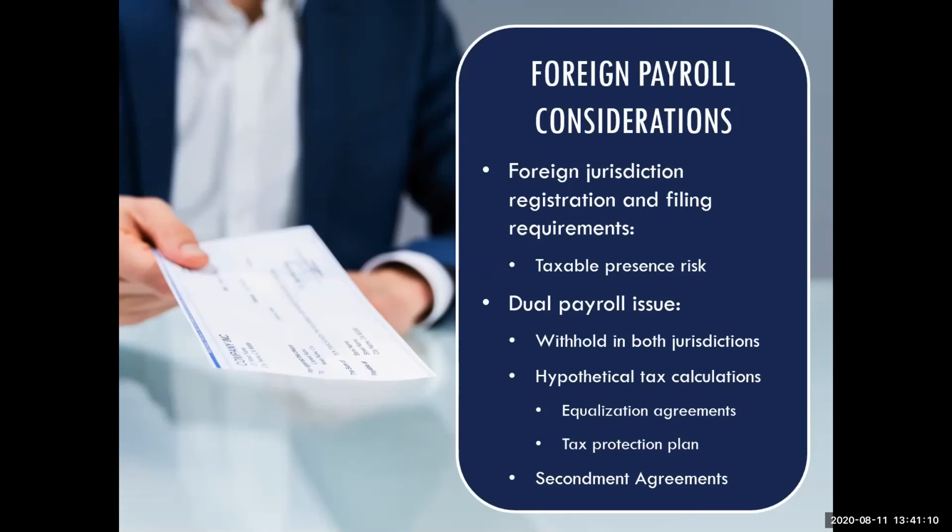One is like a shadow payroll, which means you make all the payments in the US, or this could be vice versa, by the way, but you make all the payments from the US, you withhold all the taxes, and then you actually have those taxes remitted to the government in the other location in the foreign jurisdiction, as if the payment was made there. So that's something that we help companies with as well, or organizations with as well.